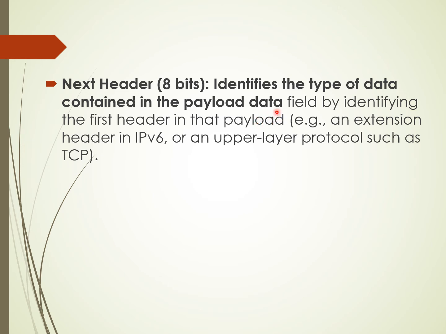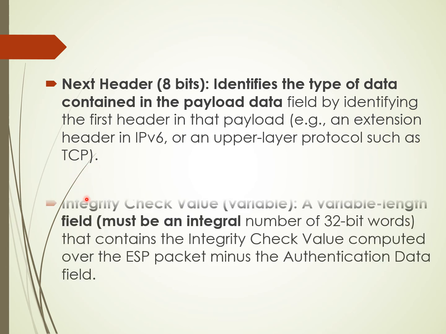For example, plain text, alphabets, numerical values, an image, or any other format we can carry to send a message. The type of the payload is identified by the first header in that payload, for example an extension header in IP version 6, or an upper layer protocol such as TCP, Transmission Control Protocol.